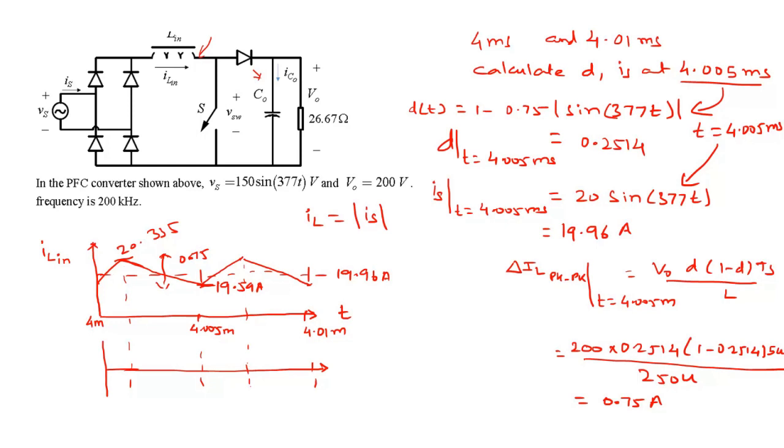And what is I out? IO is 200 over 26.67. Let me see what that value is. So 7.5 amperes.